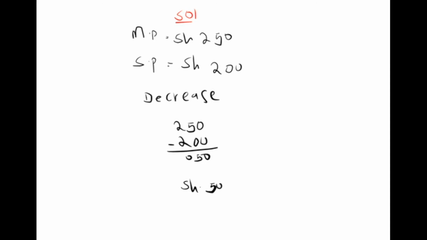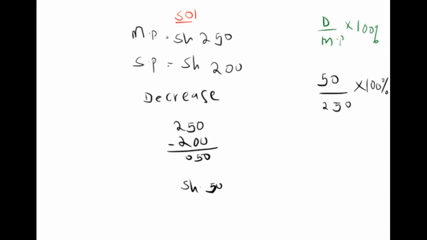For us to get the percentage decrease, we take the decrease over the marked price times 100%. Therefore, we shall have, in our case here, the decrease is 50 over the marked price, which is 250, times 100%.